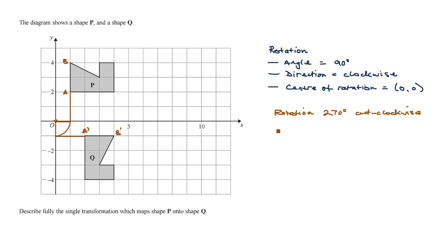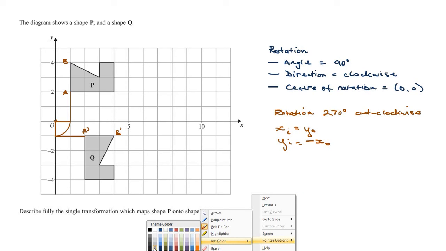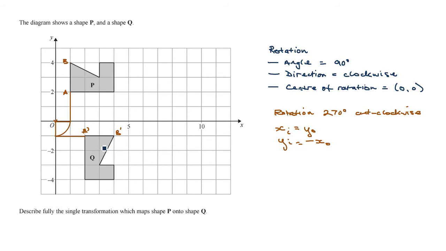So the x coordinate of the image I'll be able to get from the y coordinate of the object, and the y coordinate of the image I'll be able to get from the negative x coordinate of the object. So it's a good way of just quickly checking if that's indeed what we've got.